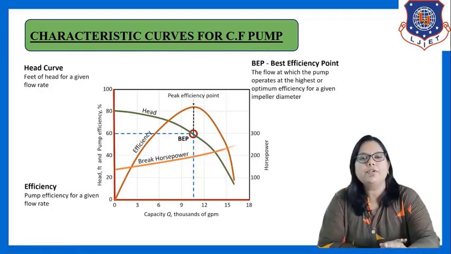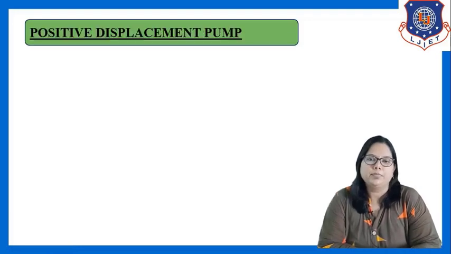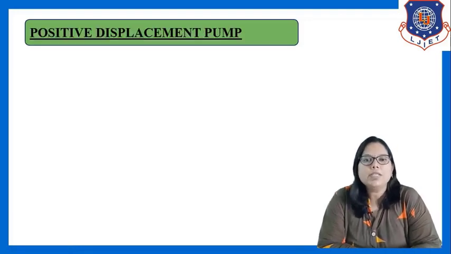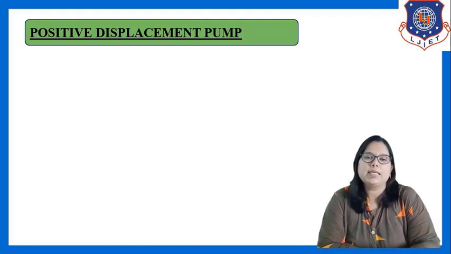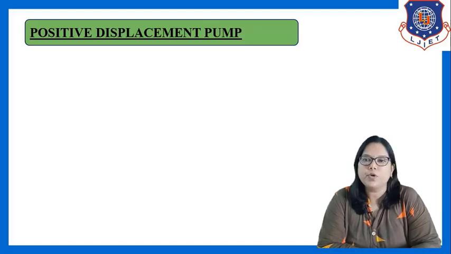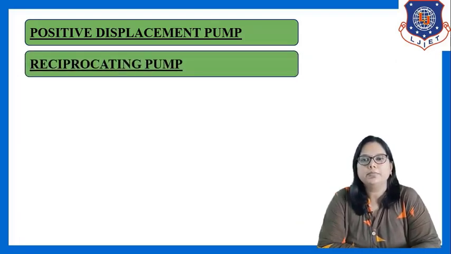Now we will shift to the next type of the pump, that is positive displacement pump. In positive displacement pump there are two types: reciprocating pump and rotary pump. Let us start with the first type of positive displacement pump, which is reciprocating.